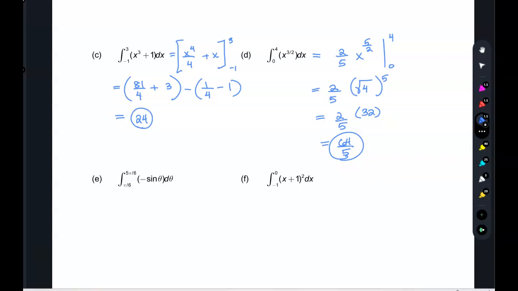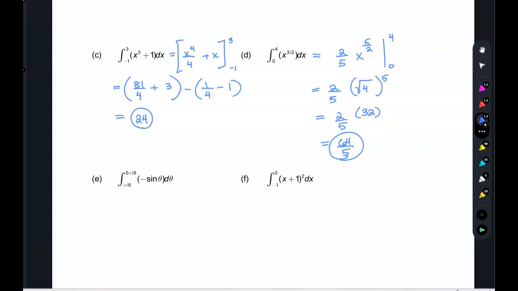Yeah, negative. I could combine those to make it 80 fourths, which is 20. Oh, wait, it would be negative 3 fourths. What? No, because it's an even power. Oh, yeah.